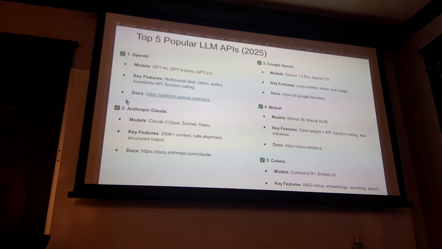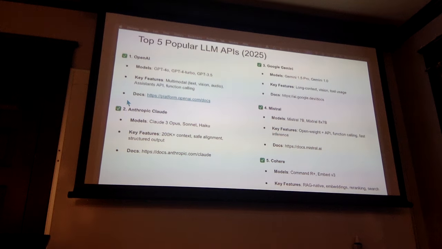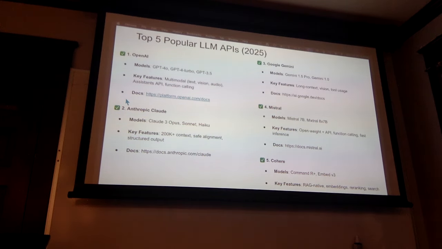Just looking at the popular ones and some of the couple new ones we didn't yet talk about, right? OpenAI, ChatGPT, right? Hopefully everybody knows that, but you've got strength for vision, audio, and APIs. The OpenAI developer page, I've got a link to in here also. Claude, right? They were one of the first ones to have a million context. No, Gemini was, sorry. They came out with Claude 3 and now it's Claude 4 if you get the Pro version.